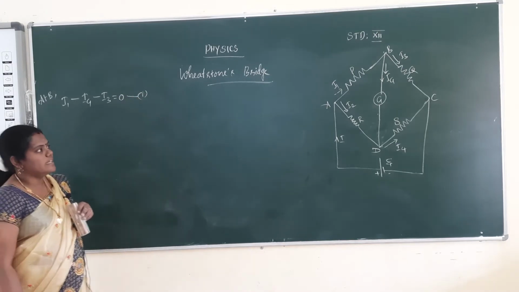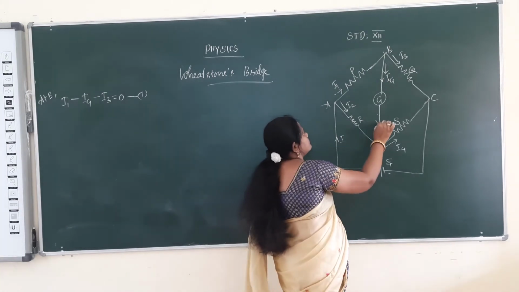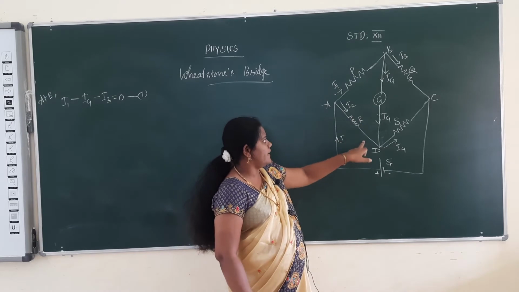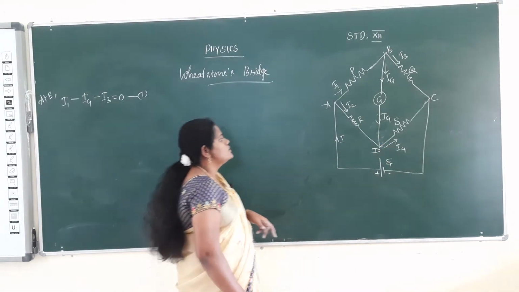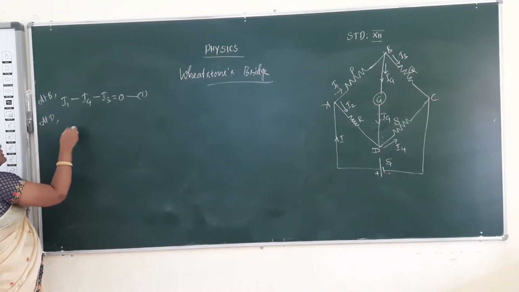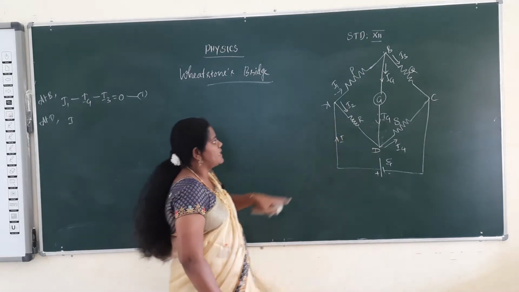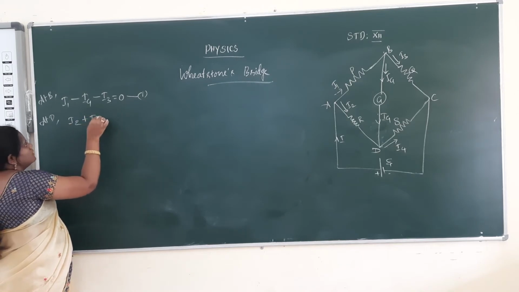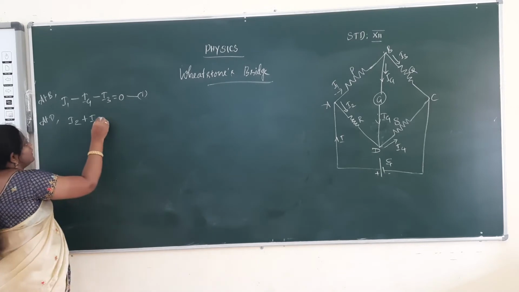Okay, then take the junction D. At D, I2 is entering, IG is entering, but I4 is leaving. So at junction D, I2 is taken as positive, IG is taken as positive, and I4 is taken as negative.